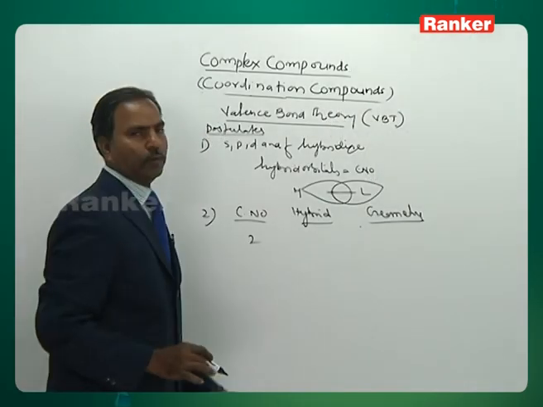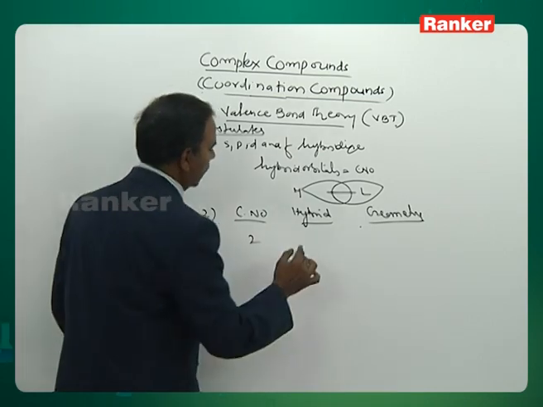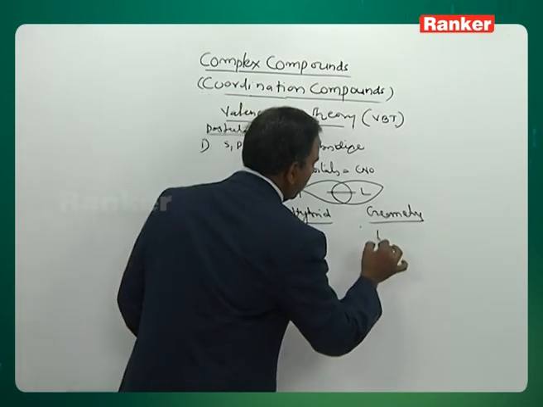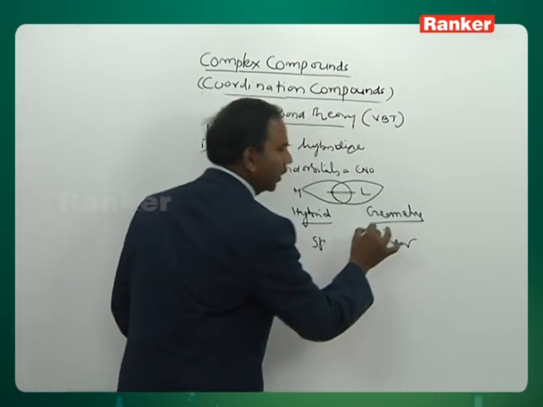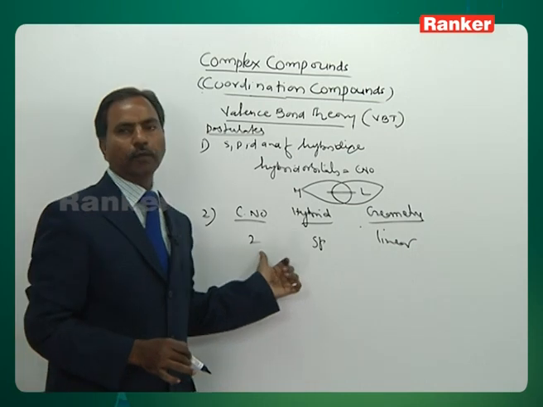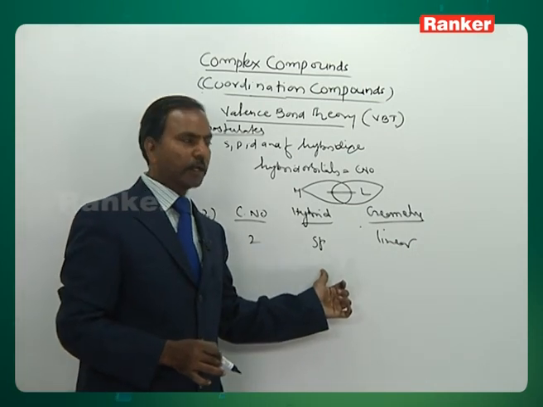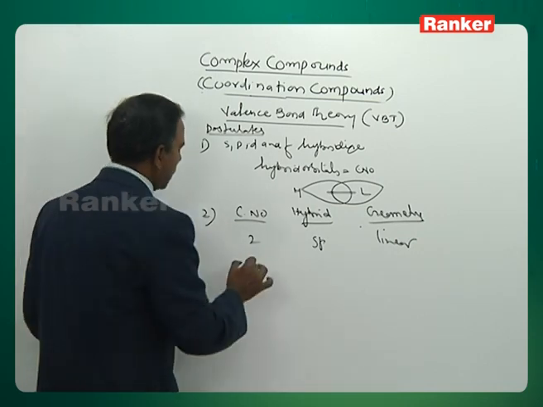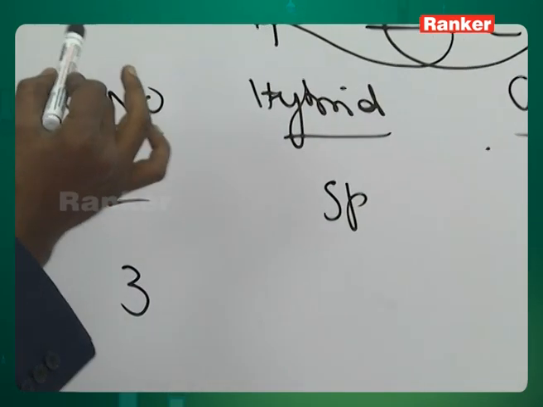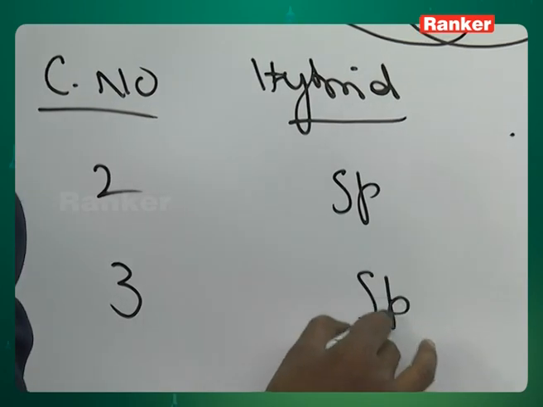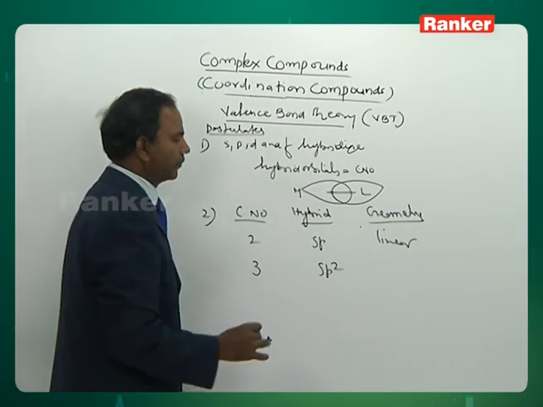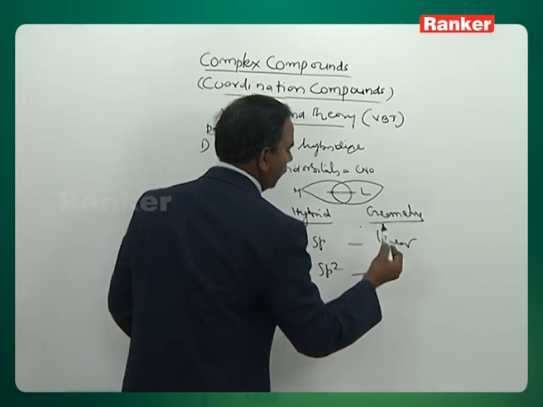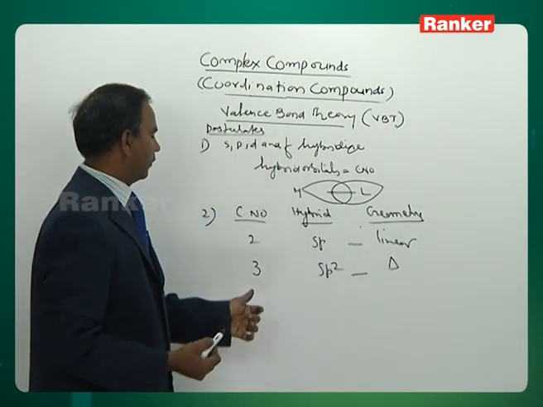Consider coordination number 2, well known to you. Then it is sp hybridization, and the geometry is linear. Consider coordination number 3, you know well, this is sp2 hybridization, and the geometry is trigonal planar.